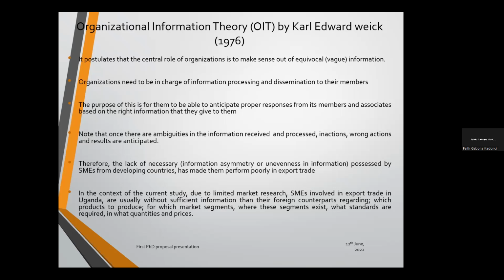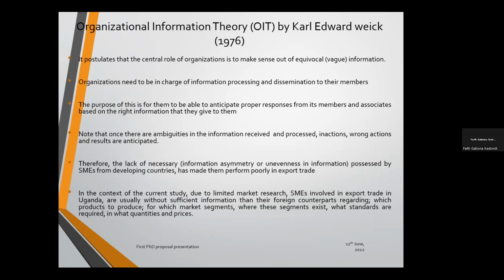Therefore, the lack of necessary information, that is information asymmetry or unevenness in information possessed by small and medium scale enterprises from developing economies, is one of the contributing factors to their poor performance in export trade.